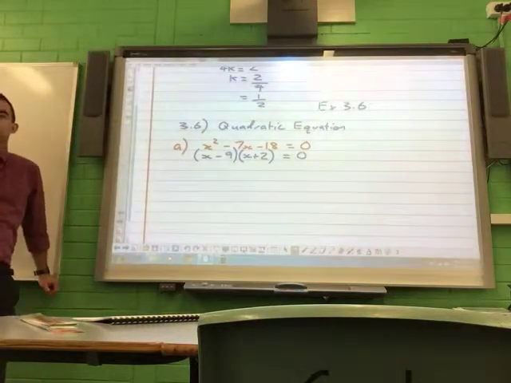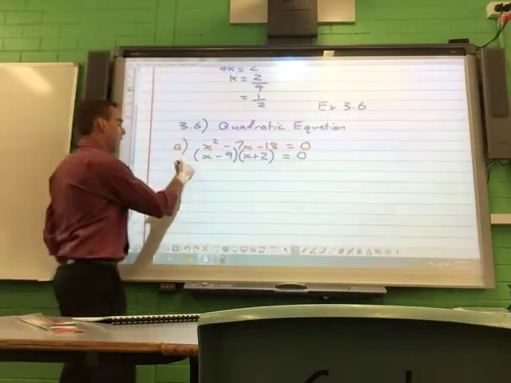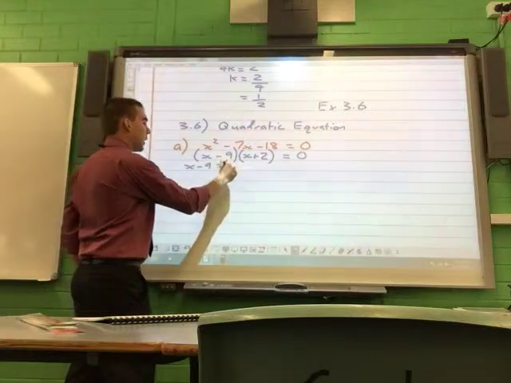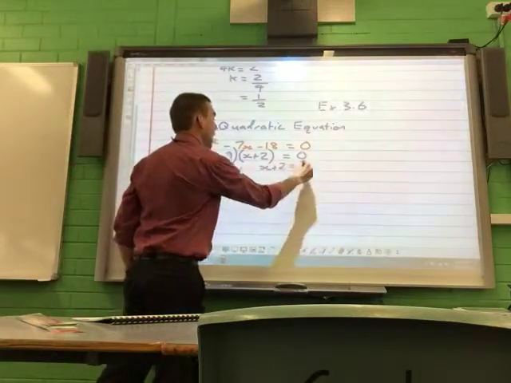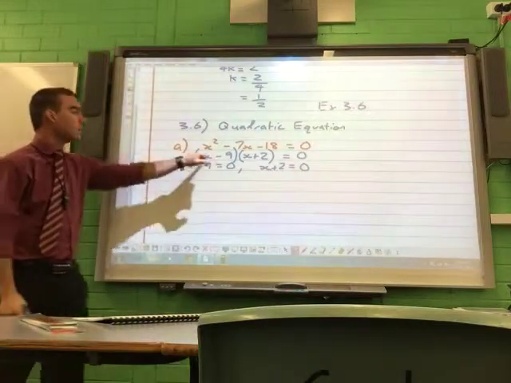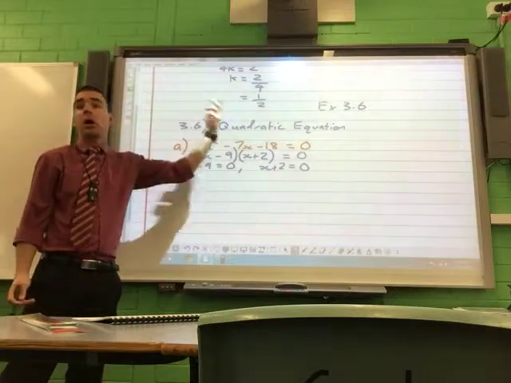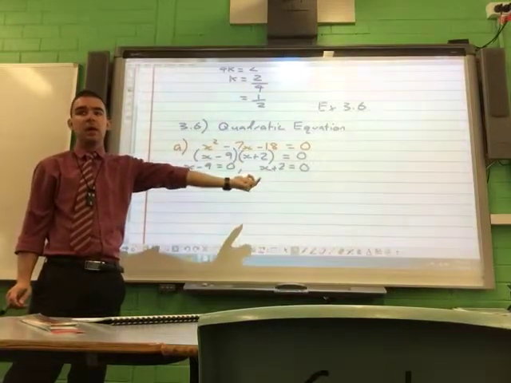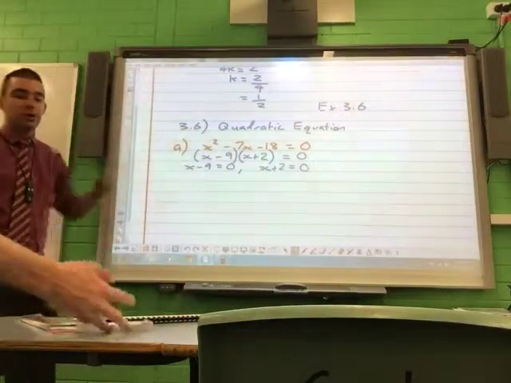(x plus 2) is equal to 0. When you factorise, you then have the setup for your solution. So x take away 9 is 0, or x plus 2 equals 0. Because if any of these expressions in the brackets is equal to 0, and we multiply by whatever the other number happened to be, you'll get the result of 0 as long as one of them is 0.